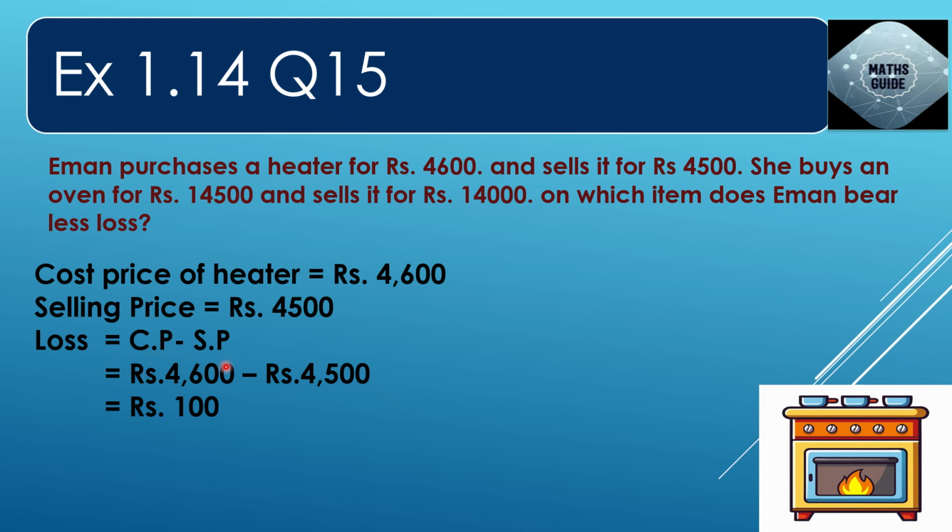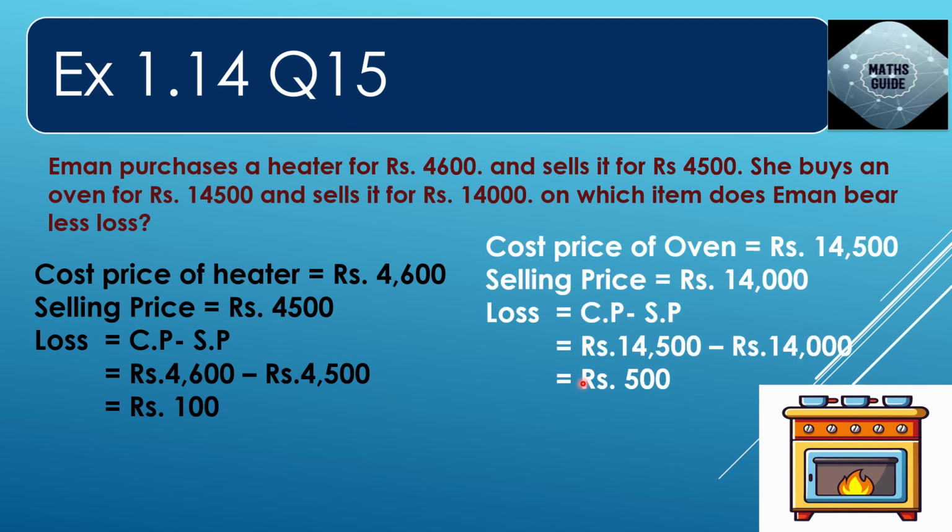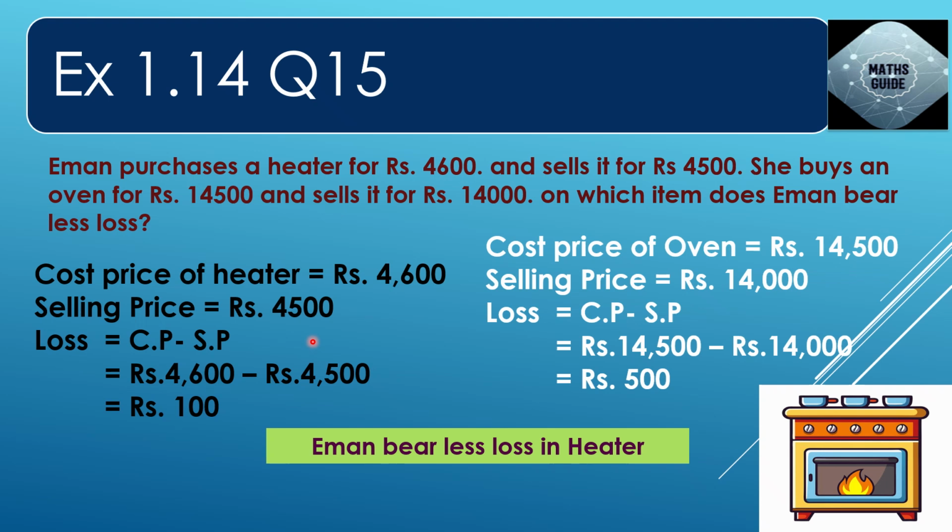Loss is cost price minus selling price, that is rupees 100 in case of the heater. In case of the oven, the cost price is 14,500, selling price is 14,000, loss is 500. And the question was, on which item does Iman bear less loss? So Iman bears less loss on the heater. So we can just write the answer like this: Iman bears less loss on the heater.